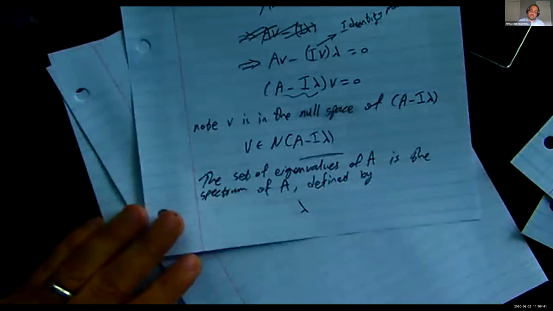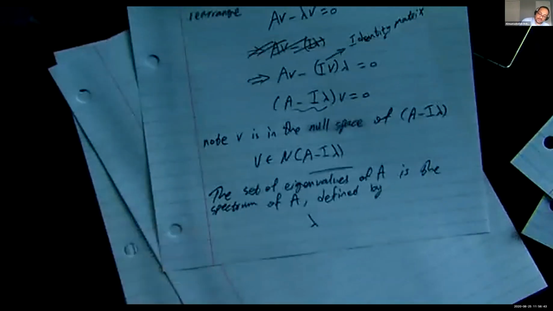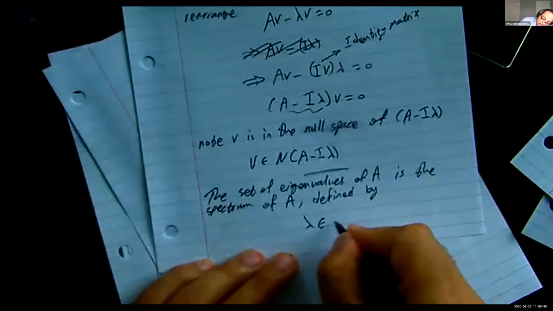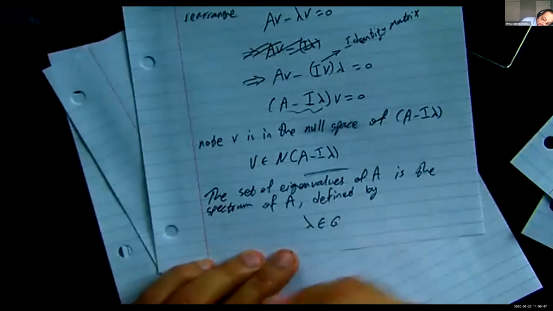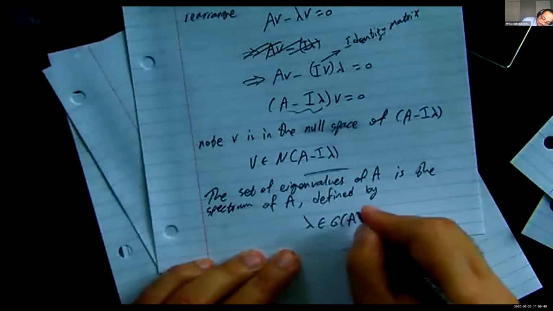So I'm going to denote the eigenvalues of A as the spectrum, and I'm going to denote that as sigma of A. So this is sigma.